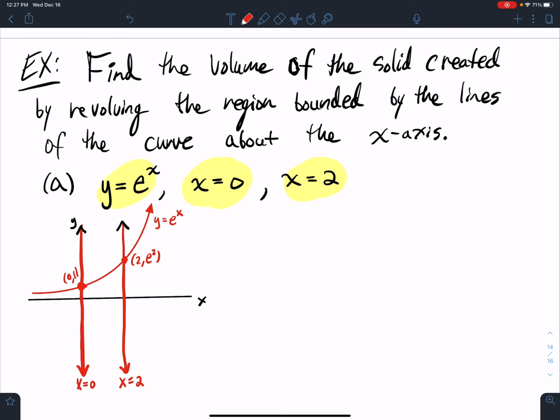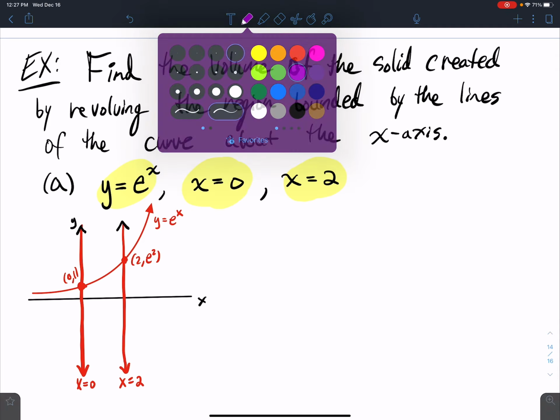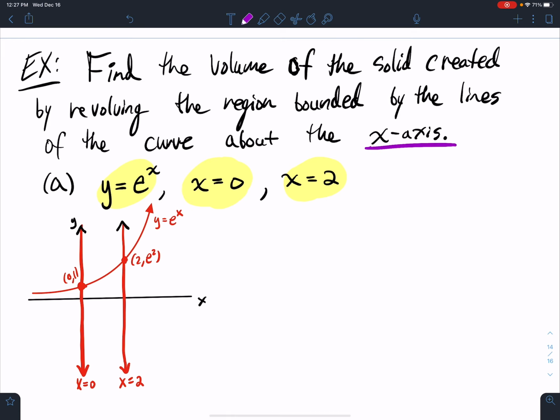Now what I want to do is revolve this about the x-axis. So I'm spinning it about the x-axis. Whenever I use the disk method here, the difference between the disk and the washer method is that a disk is a solid piece that I'm finding the volume of.